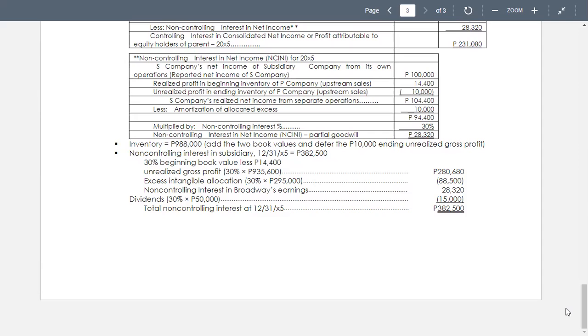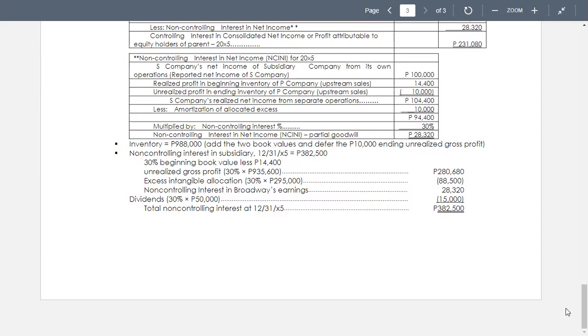Okay? Then we have to deduct unrealized profit in ending inventory of P company due to upstream sales in the amount of 8,000. The difference is S company realized net income from separate operations of 42,000.